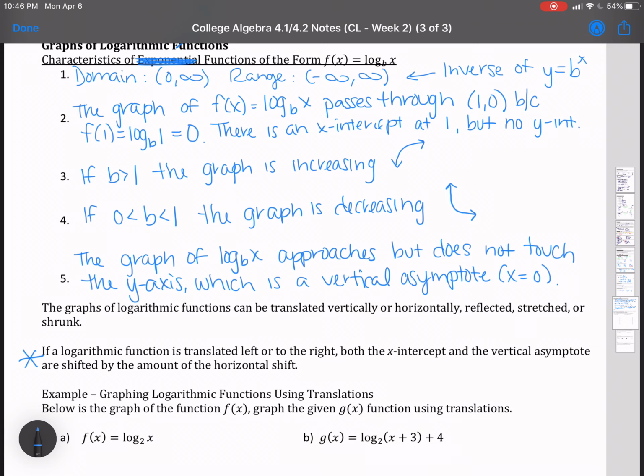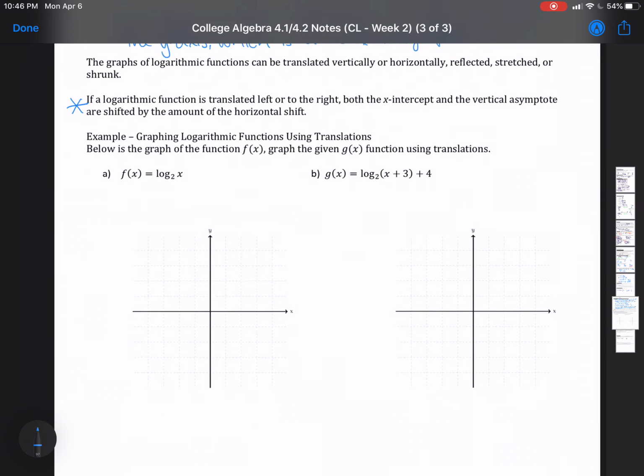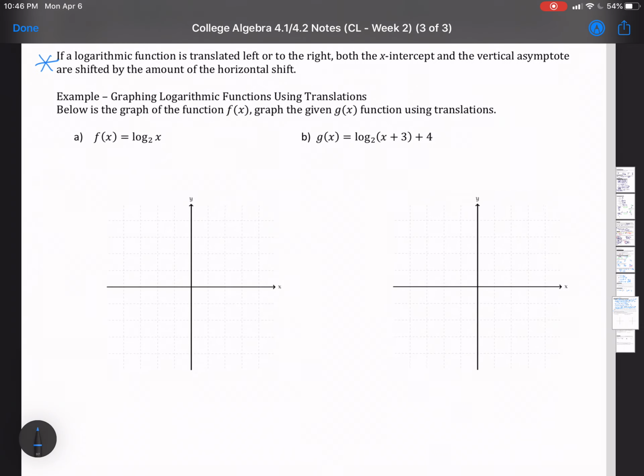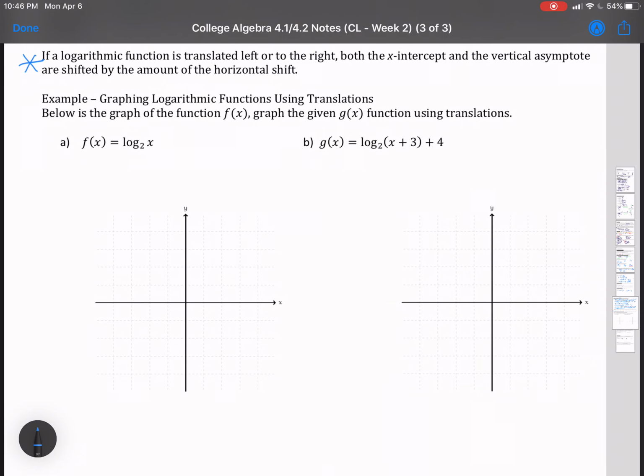So, knowing that, we can look at these first two graphs. They're kind of going to go together. So we're going to look at what the parent function looks like and then a translation. Looking at A, we have f of x equals log base 2 of x. There's two ways you can look at this.